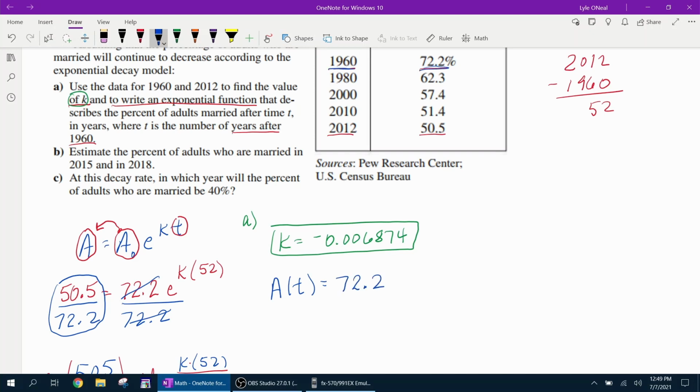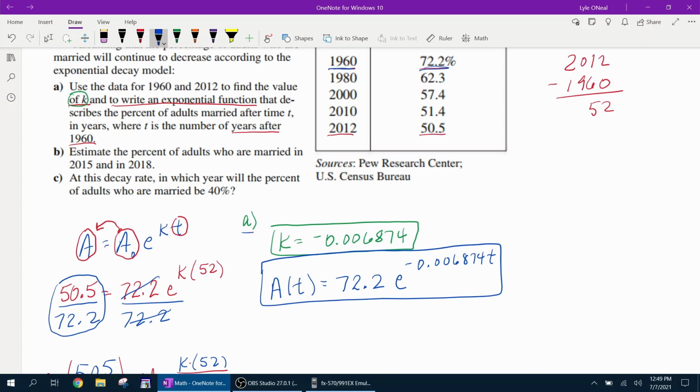We're starting in 1960. E to the negative 0.00687 t. And that is our exponential function for this particular scenario. And that's going to do it for part A.